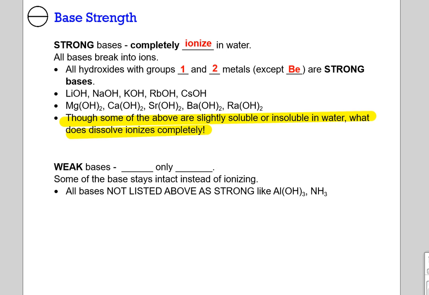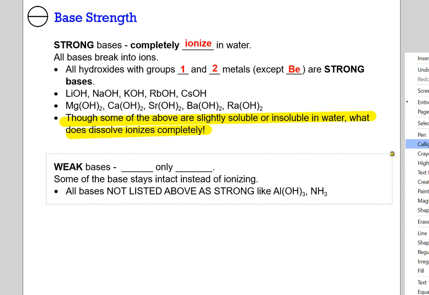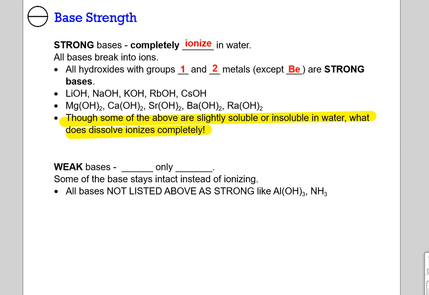Weak bases do not ionize completely in solution. They ionize only slightly. When we say slightly for weak acids and weak bases, we mean about, at most, 1 out of every 1,000 particles will ionize. That's very few.